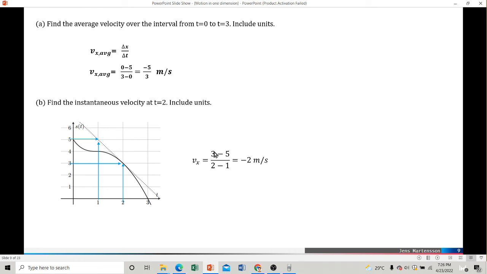So to get the instantaneous velocity, we have the final position minus the initial position over the final time minus the initial time. Our final position is 3 minus the initial position 5, over the final time 2 minus the initial time 1. That is equal to negative 2 meters per second. That is the instantaneous velocity.